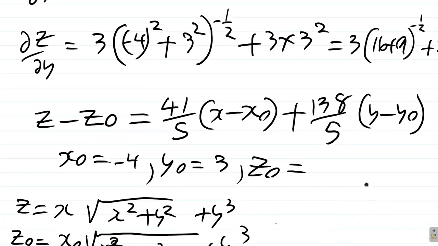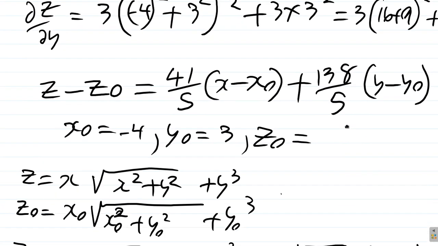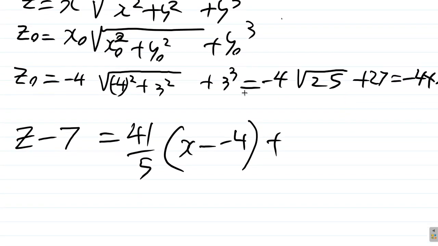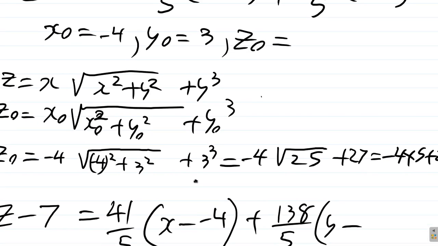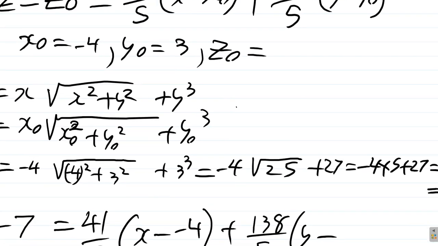This was 41 over 5, 138 over 5, times y minus y naught, and y naught is 3.